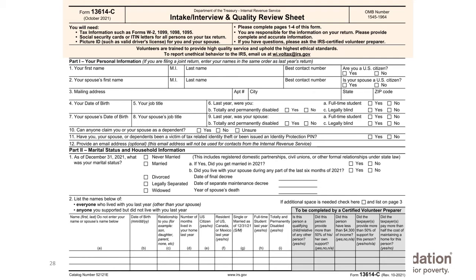It also asks you for marital information: never married, married, divorced, legally separated. So it's pretty easy for most people to fill out page 1 and list the people that live with them under the list of names below of everyone who lived with you last year.